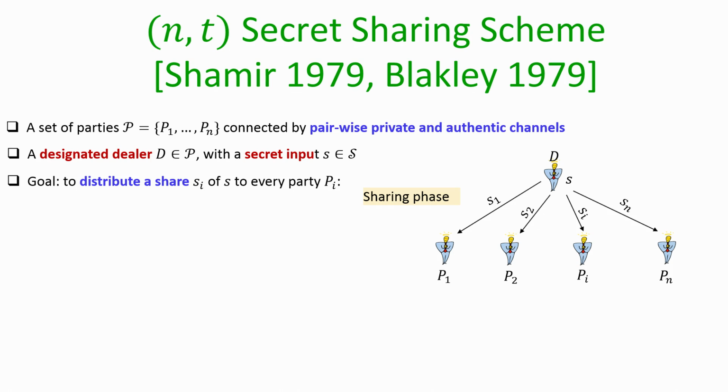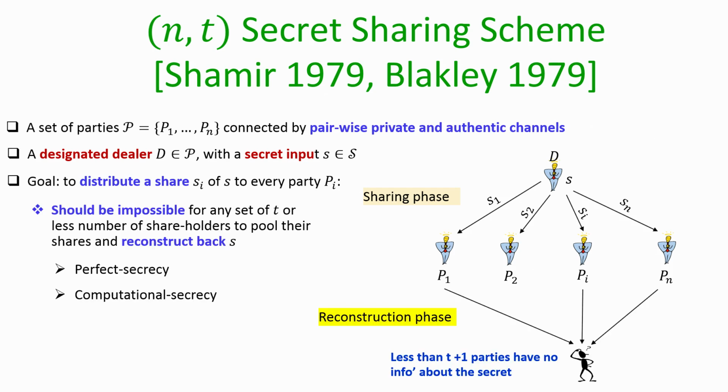So, the first party gets a share S1, the second party gets the second share, the nth party gets the nth share, and these shares are distributed over the pairwise channels with which the dealer is connected to the individual shareholders.